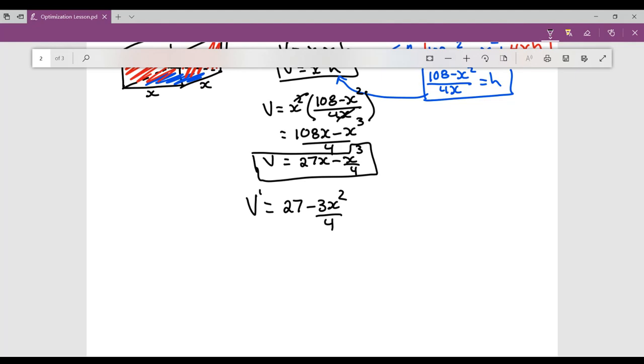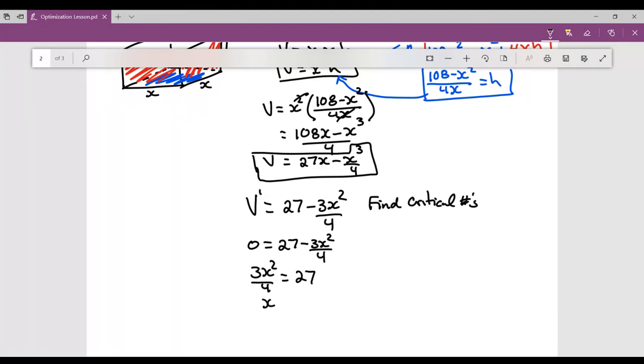If you are going to maximize it, you need to set it equal to 0, i.e. find the critical number. So we have 0 equals 27 minus 3x squared over 4, and now it's just algebra. 3x squared over 4 is equal to 27.